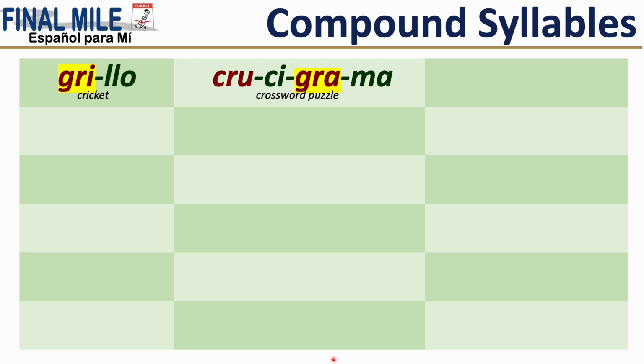Crucigrama. Okay, that doesn't say pie. It doesn't say P-I. Okay, we have to pronounce each vowel. So that's going to be piedra. Blended. Piedra.